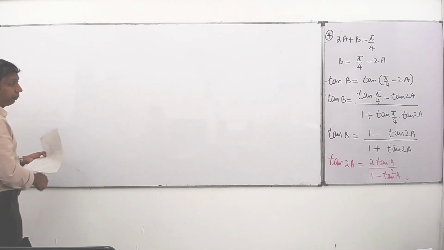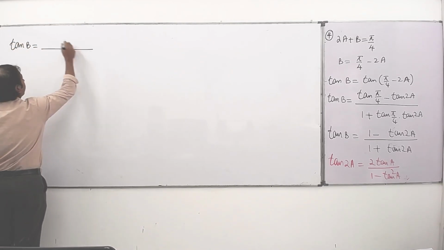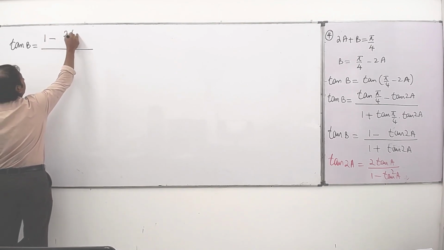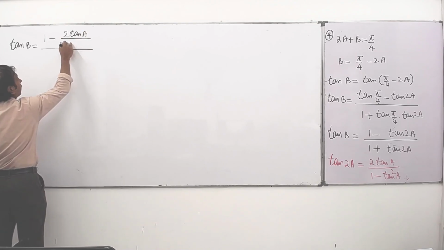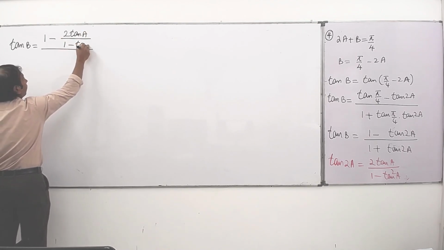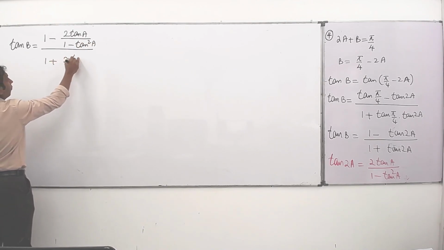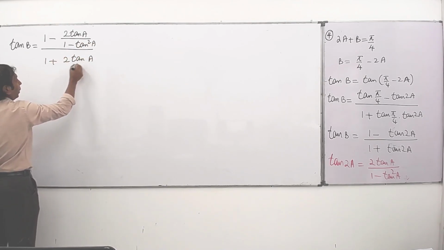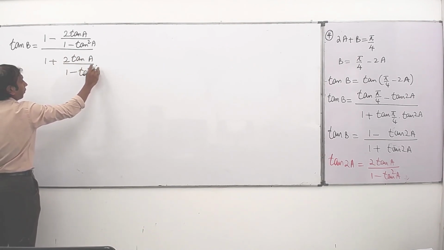Now we'll substitute for tan 2A there. Then we get tan B equals (1 minus 2 tan A divided by 1 minus tan squared A) over (1 plus 2 tan A divided by 1 minus tan squared A).